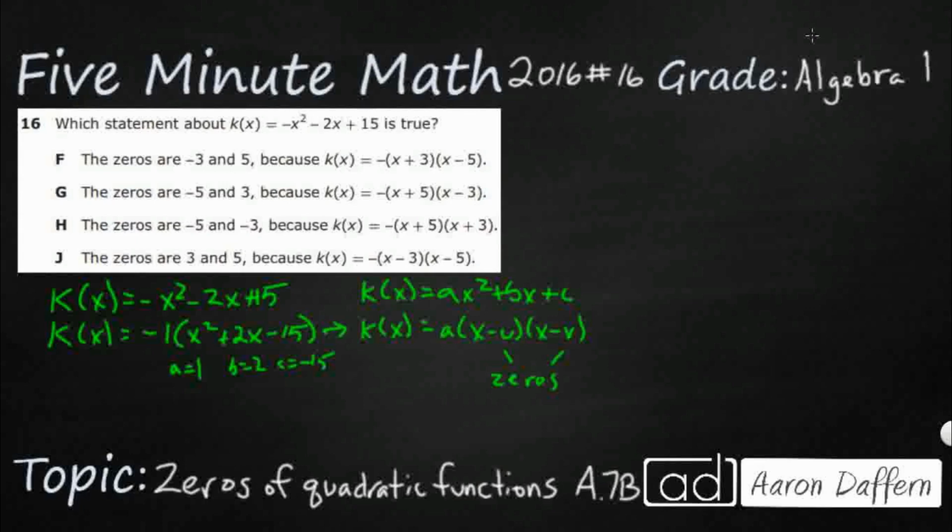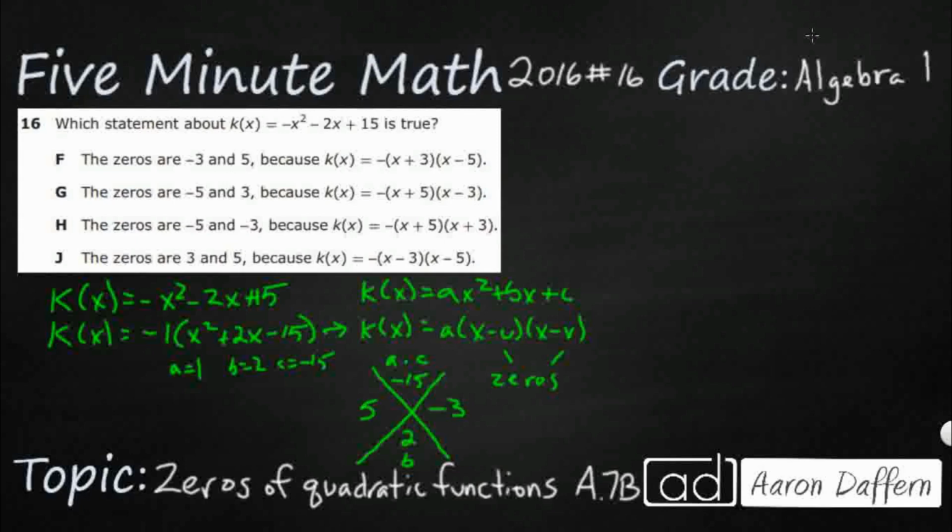So how do we factor that out? One method is the diamond method. We take our a and our c and multiply them. a is 1, c is negative 15, so negative 15. We take our b, which is just a 2. What factors multiply to negative 15 but add to positive 2? That could be a 5 and a negative 3.